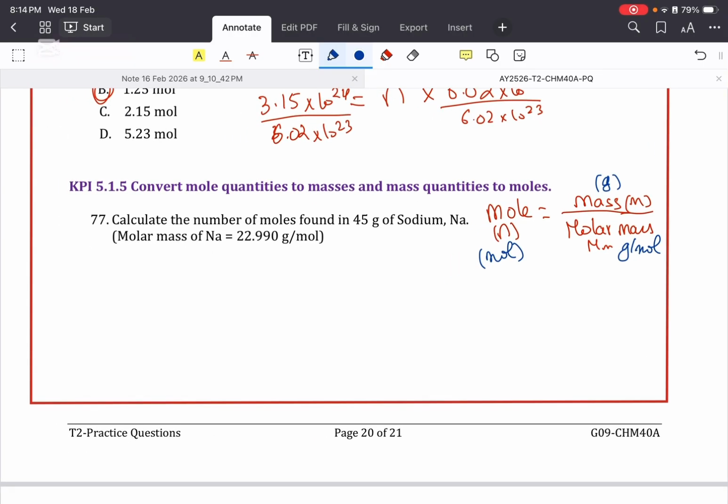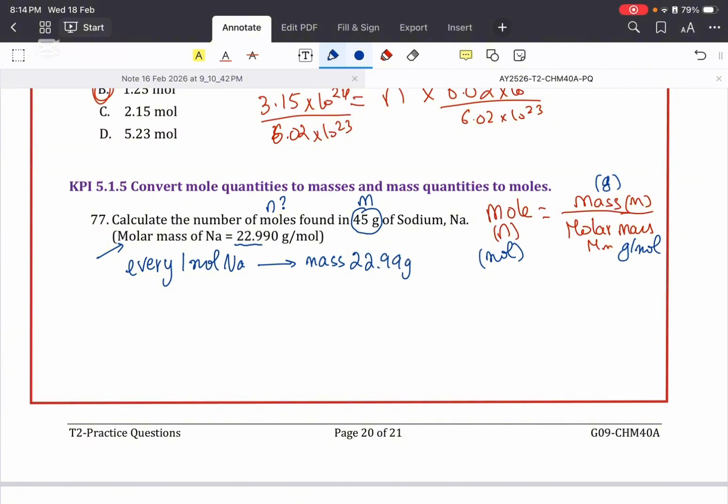Calculate the number of moles. It means find N. You have 45 grams, which means they gave me m, the mass of sodium. However, every 1 mole, the molar mass, that's what it means. Every 1 mole of sodium weighs 22.99 grams.